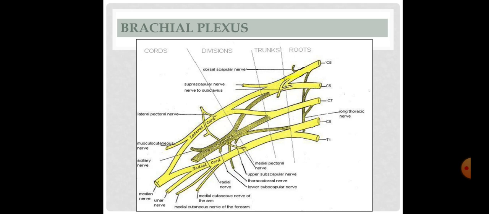Okay. Then come to the medial cord. We previously said that the medial pectoral nerve and the medial root of the median nerve originate from the medial cord.